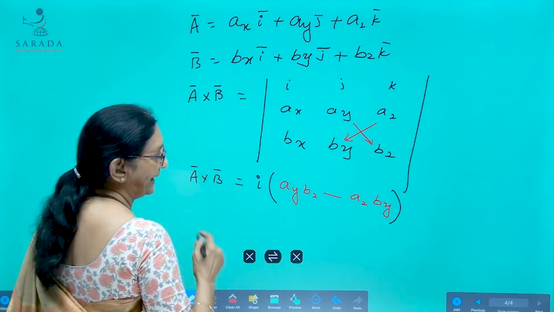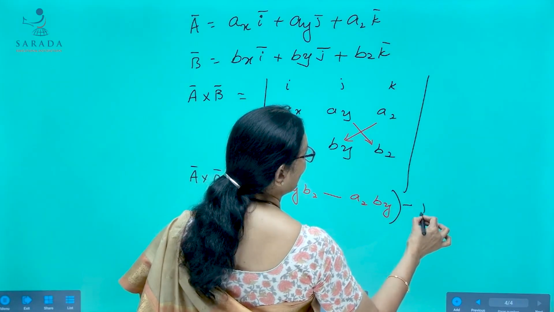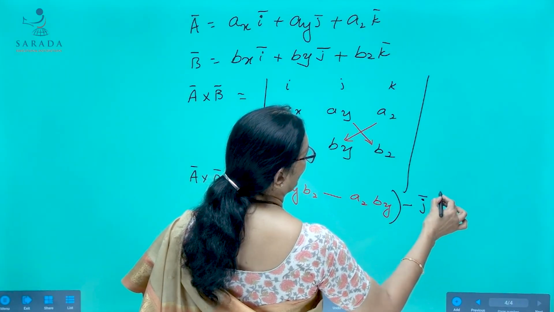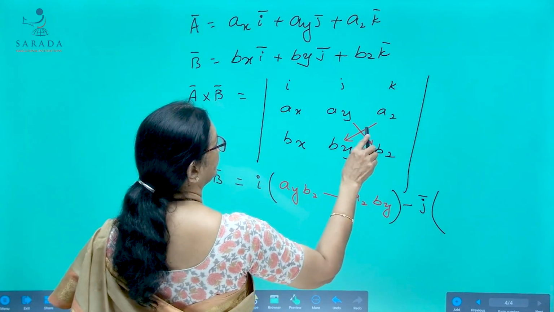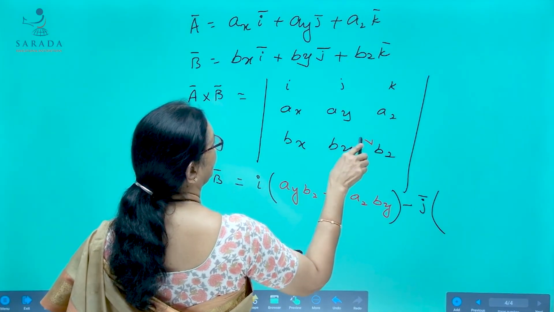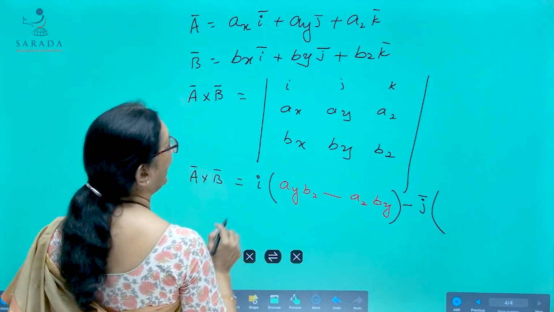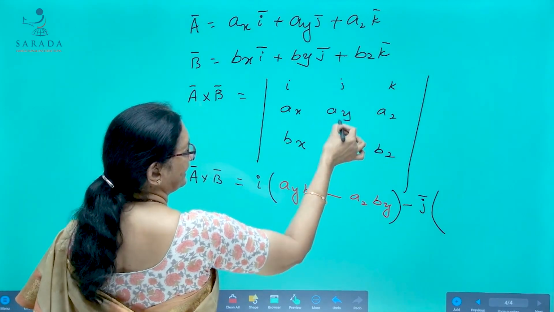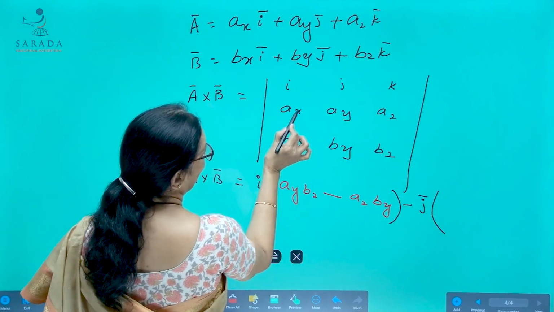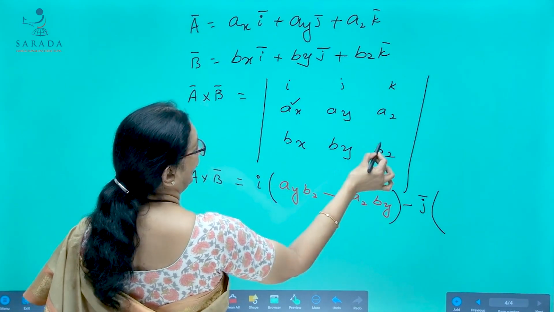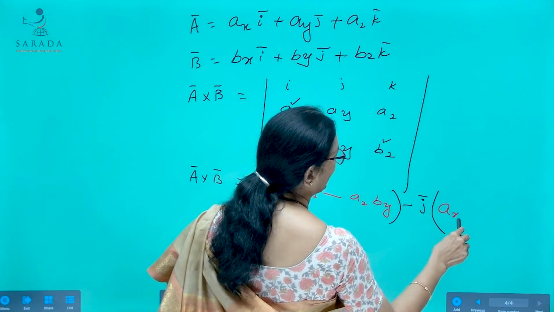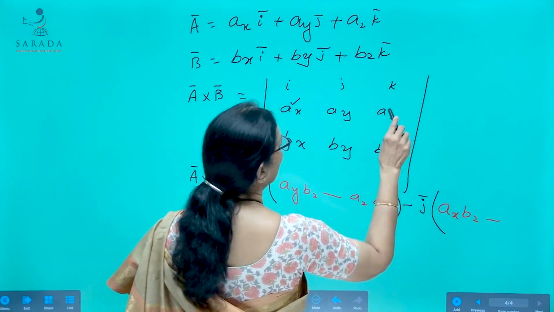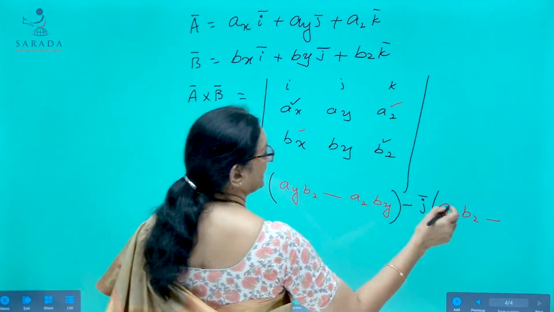Right? Next, minus J bar into, look here, you just close this and this, then you have AXBZ minus AZBX.